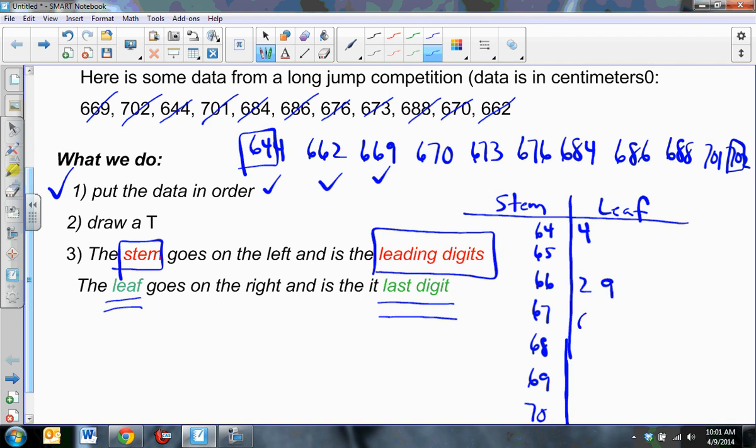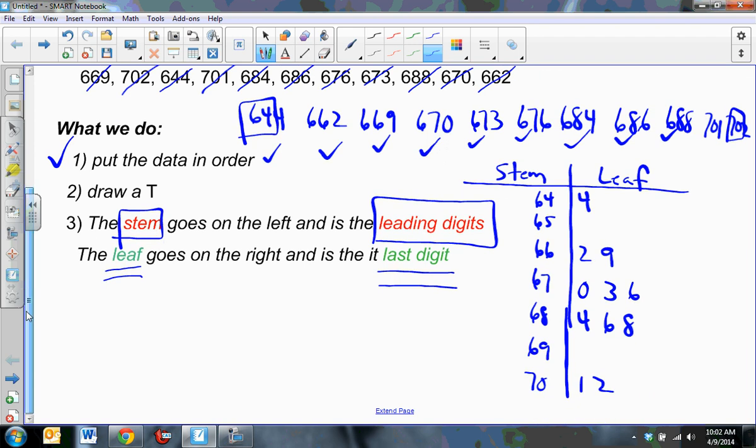Do you see that? For 68, I have 3 leaves, 4, 6, and 8. Check those. Okay, nothing for 69, and then for 70, I have 2 leaves, 1 and 2. Okay, so that's it. That's what my stem and leaf plot looks like.